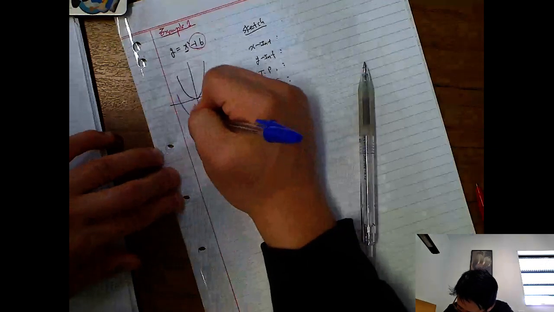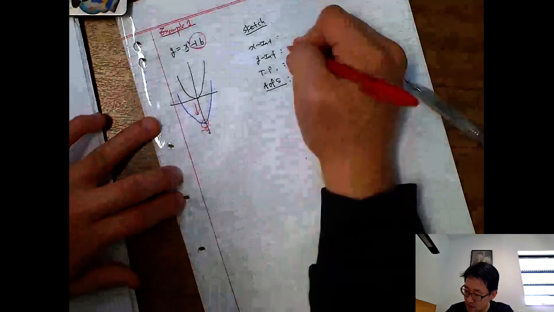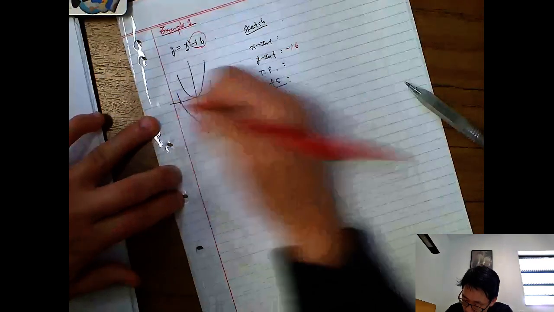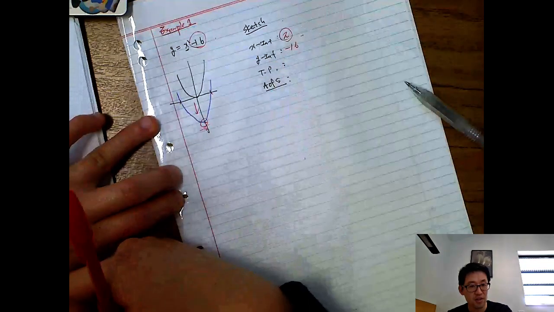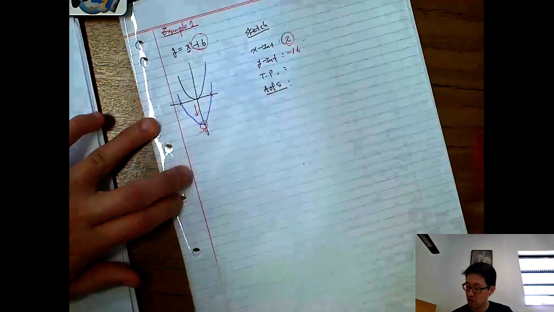So now I have a graph like this. I know the y-intercept is minus 16. Well, I didn't have to draw even. And I have 2 x-intercepts. Well, at least I have basic information.